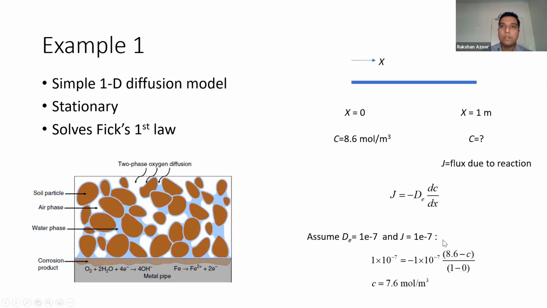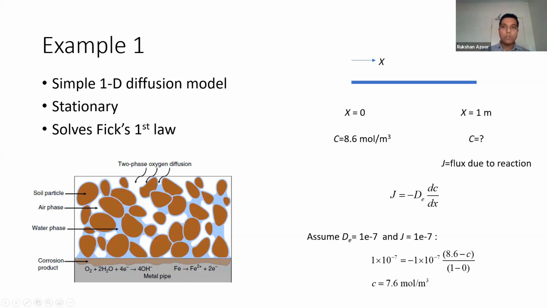Now, if the values are numerically equal, it's easy for us to do a quick hand calculation. So we substitute these values into this equation. The gradient is 8.6 minus C divided by 1 minus 0 because it's 1 meter. And the value for C is 7.6 moles per cubic meter. So that's just a quick numerical example. What we're trying to do is simulate this simple calculation in COMSOL.